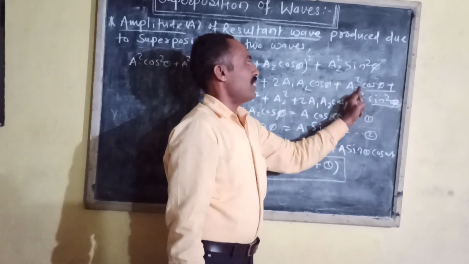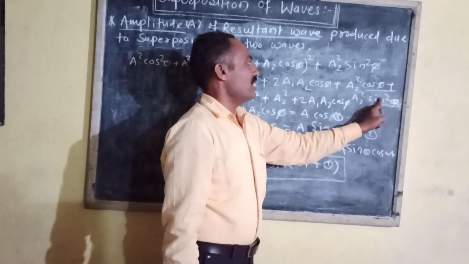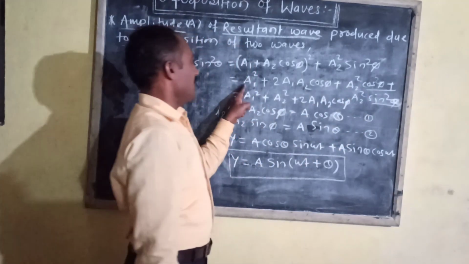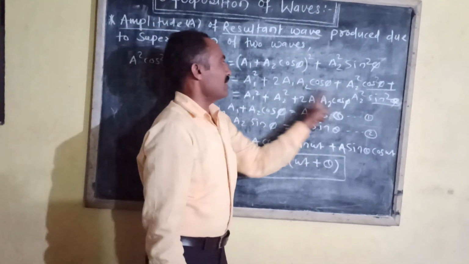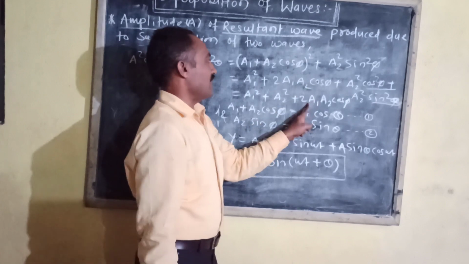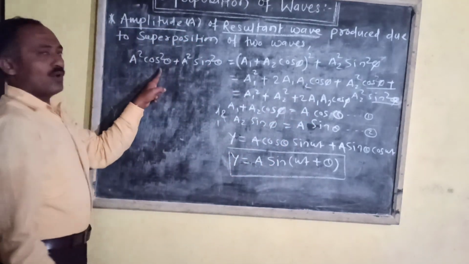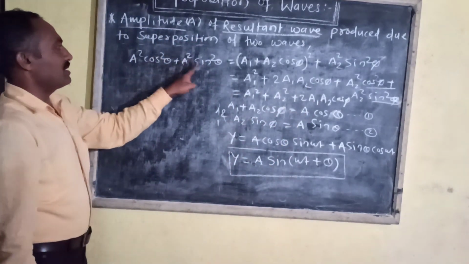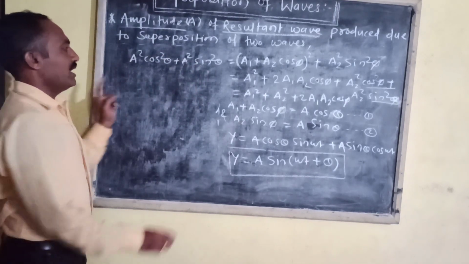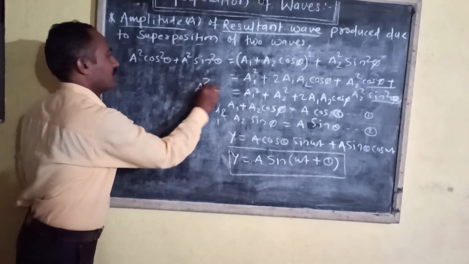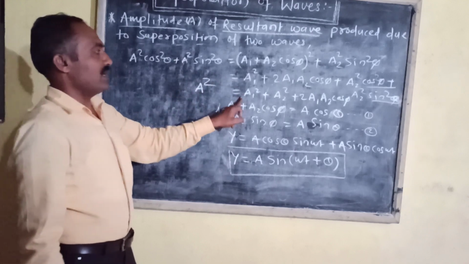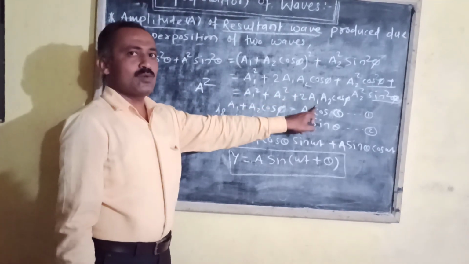Here cos square phi plus sin square phi is equal to 1. We get only a2 square, that means a1 square plus a2 square plus twice a1 a2 cos phi. On the left hand side, cos square theta plus sin square theta is equal to 1, so we get only A square. A square is equal to a1 square plus a2 square plus twice a1 a2 cos phi.